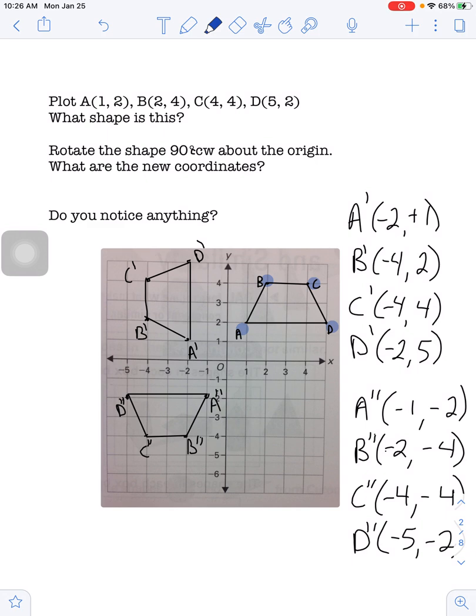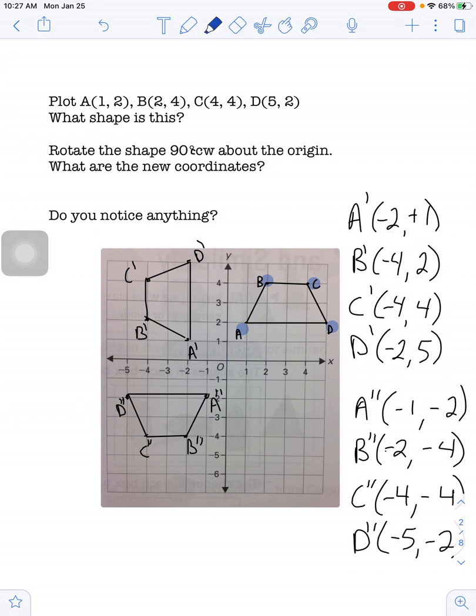So this pre-image is going to rotate 90 degrees counterclockwise. All the coordinates were in quadrant 1. They're now going to all end up in quadrant 2. As I find the new coordinates, I notice that A changes to A prime of negative 2, positive 1.